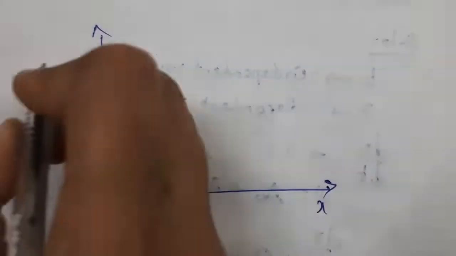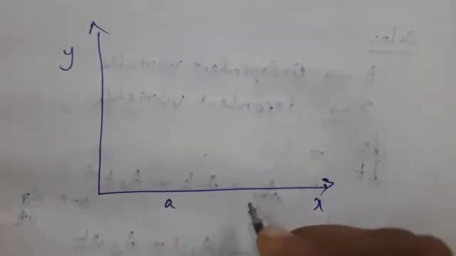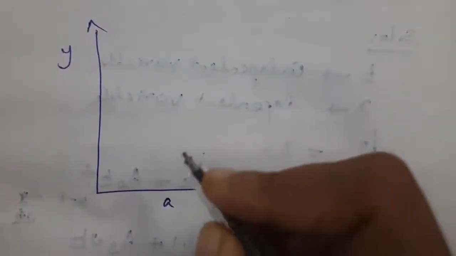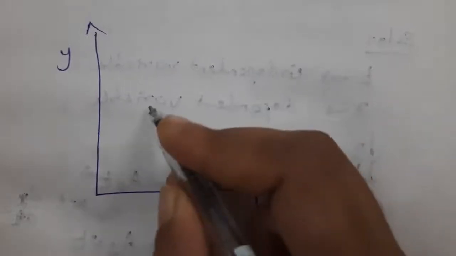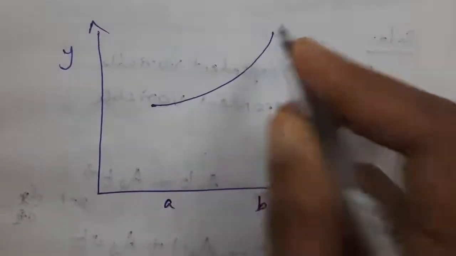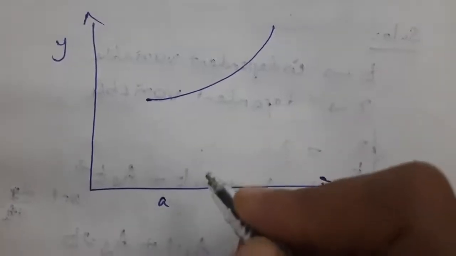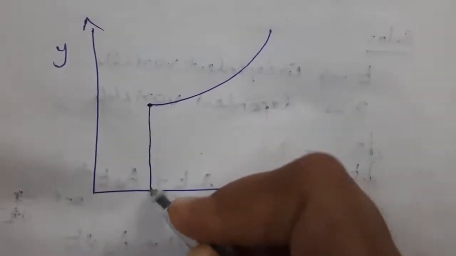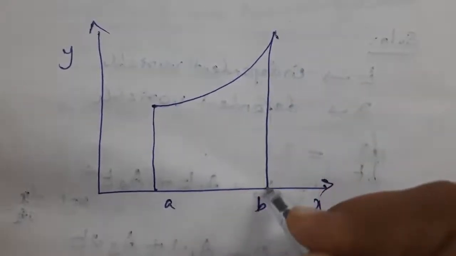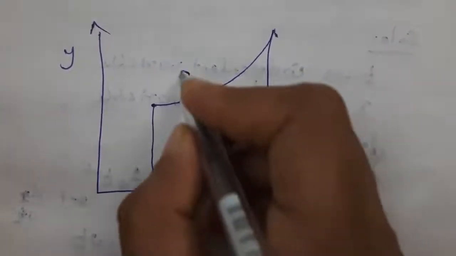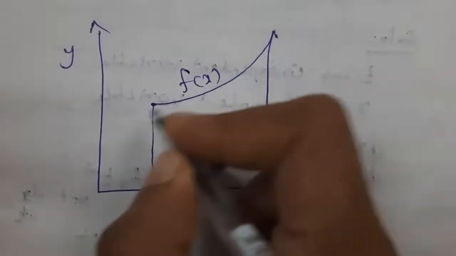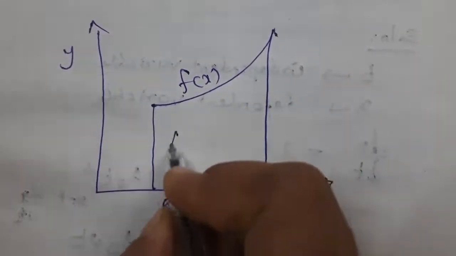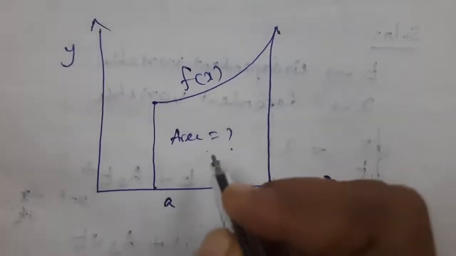Next, consider the irregular shape of the curve. This is x, this is y, and this is the initial position, this is the final position. Now the curve may be like this. Now calculate the area of this curve. So we can consider this is the A position and this is the B position. So this is the function f of x, the variation. So what is the area here?